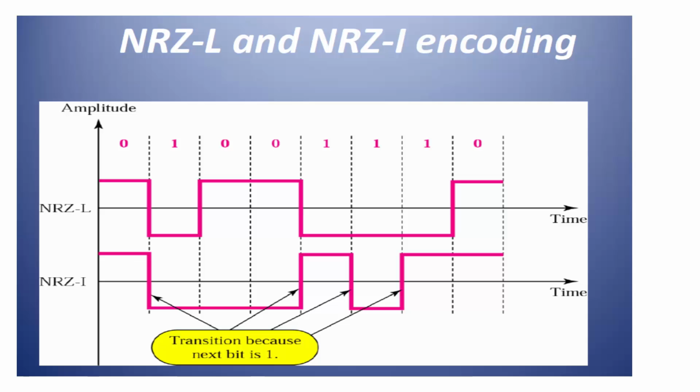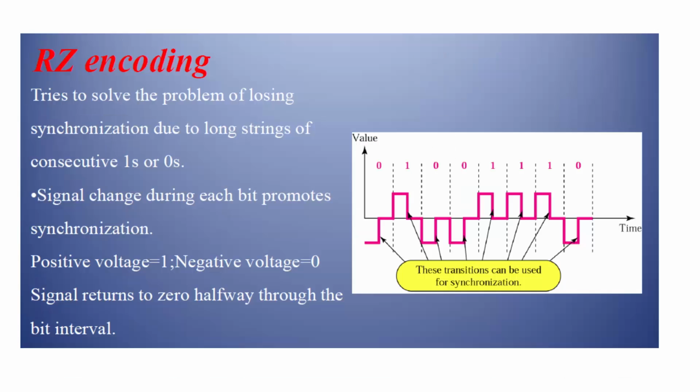Whenever there is 1, it will make the transition from low to high. Again there is 1, it will make the transition, and so on. The transition occurs because the next bit is 1. It will lead to more sophisticated synchronization between the transmitter and the receiver, because the receiver will keep on knowing what changes are occurring in the waveform.